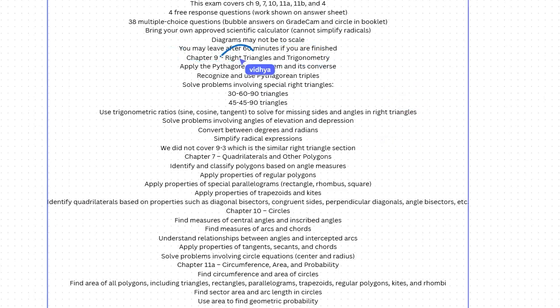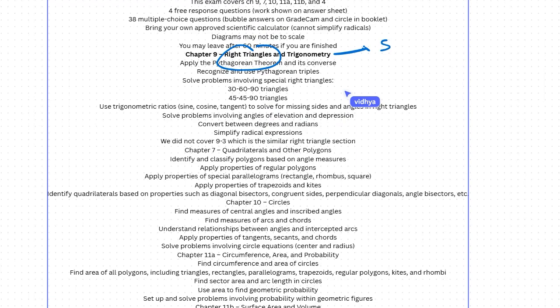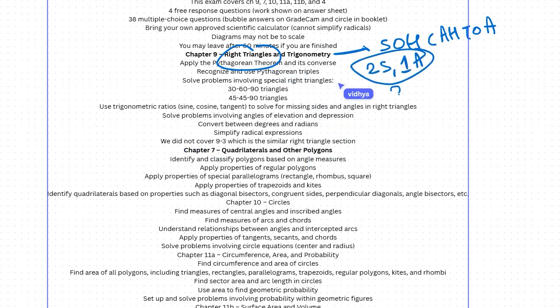Chapter 9, right triangles and trigonometry. Right triangles means SOHCAHTOA, okay? And if you use the formula which I have told you, two angles, one side analogy, concepts will be very clear. I cannot emphasize that enough. 30, 60, 90 we just discussed.